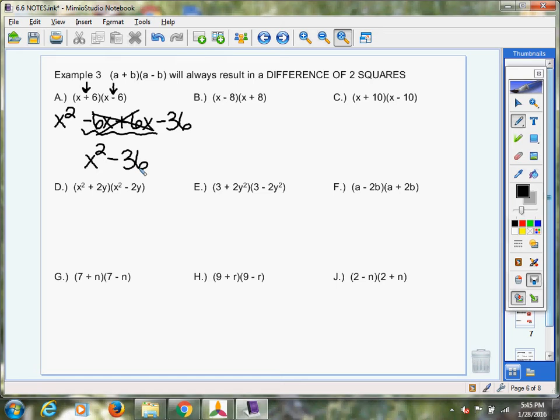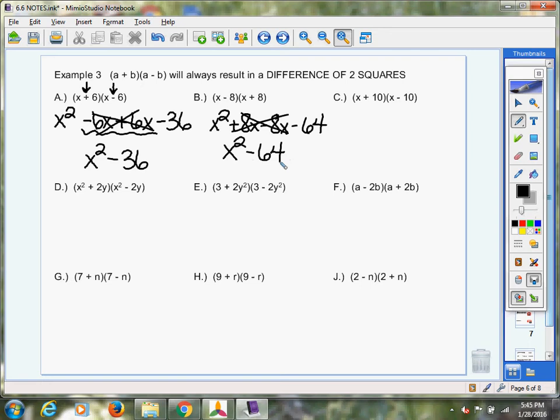If you can recognize that outer and inner cancel, you don't need to do outer and inner necessarily. Okay? So like letter B, first, outer, inner, last. Outer and inner cancel, and we're left with x squared minus 64.